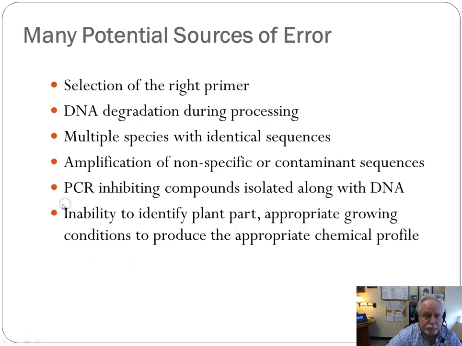Some of the things that happen, though, is when you look at genetics, in barcoding, you're trying to find a region of plants that you could measure in all plants and differentiate them. We've been able to do that with animals, but not with plants.